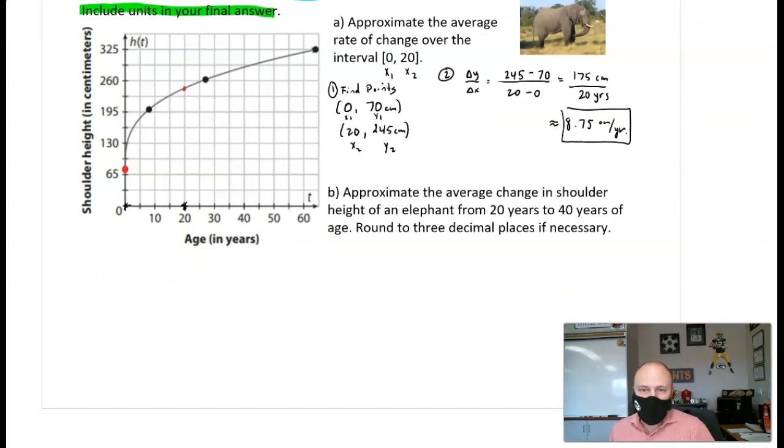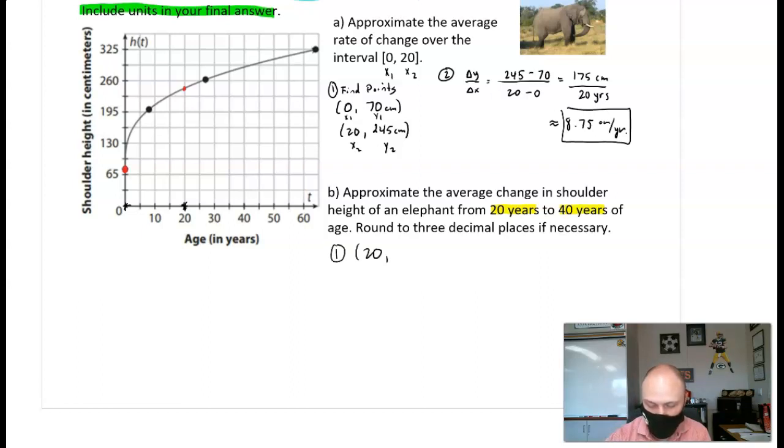Another example, part B. Now they ask us to approximate the average change in shoulder height of an elephant from 20 years to 40 years. This time they don't give us the x values in interval notation, but they do in words, 20 to 40 years. So again, step 1, my points.